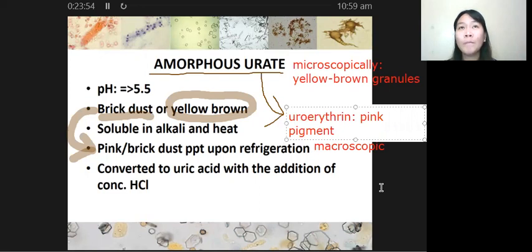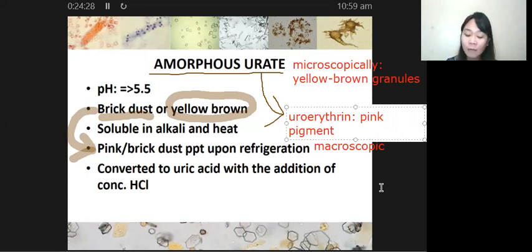So if you are doing microscopic examination, look for the mucous threads, because there is a higher likelihood that our amorphous urates are stuck to them. Other characteristics of your amorphous urate: they can be converted to uric acid with the addition of concentrated hydrochloric acid.